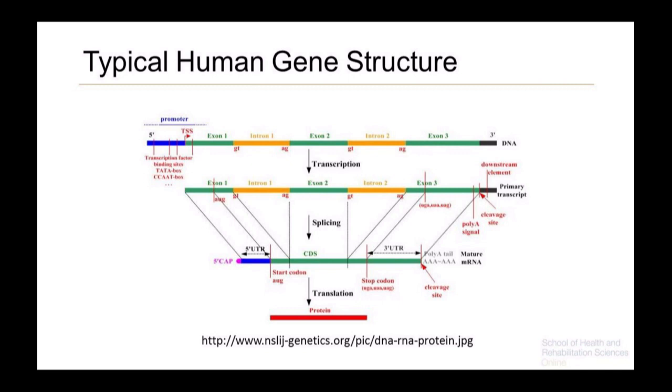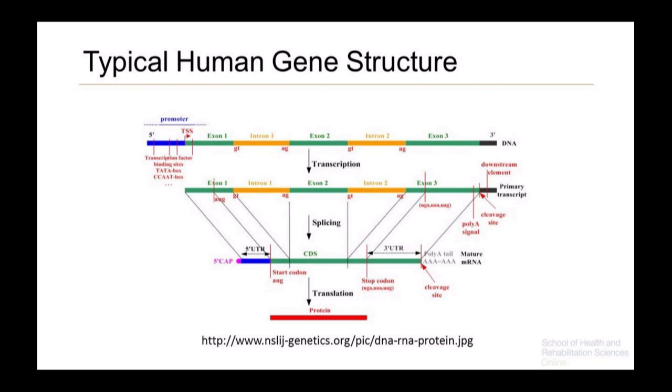To express the gene, a transcription factor needs to bind to the DNA sequence so that it can make a copy of the genetic region. Therefore, the first portion of this gene is the promoter region with a number of transcription factor binding sites.